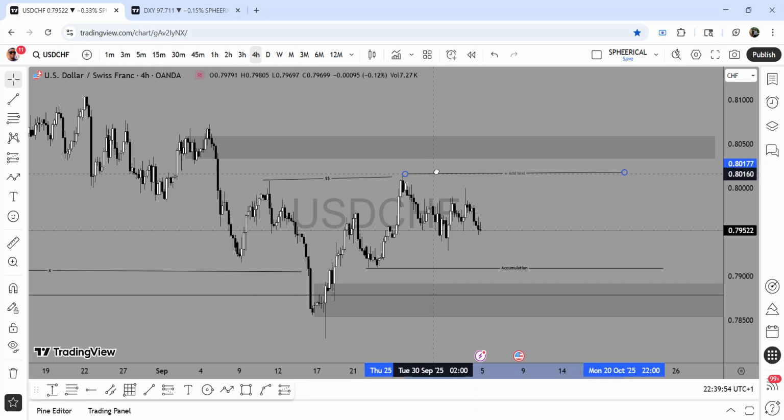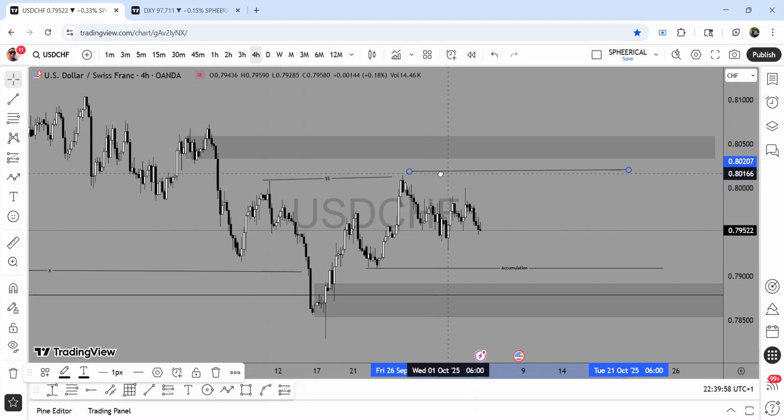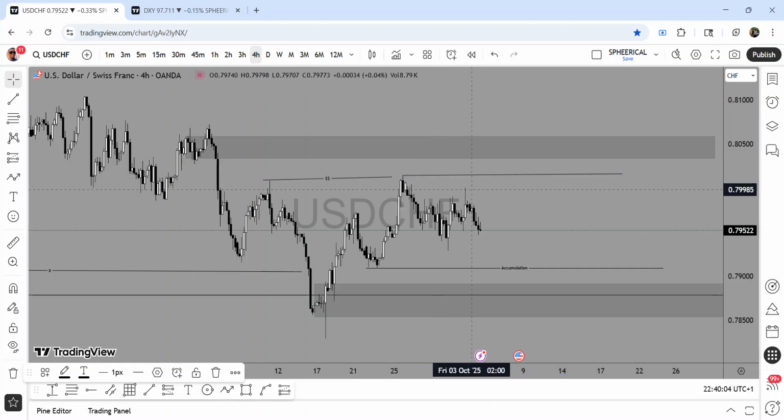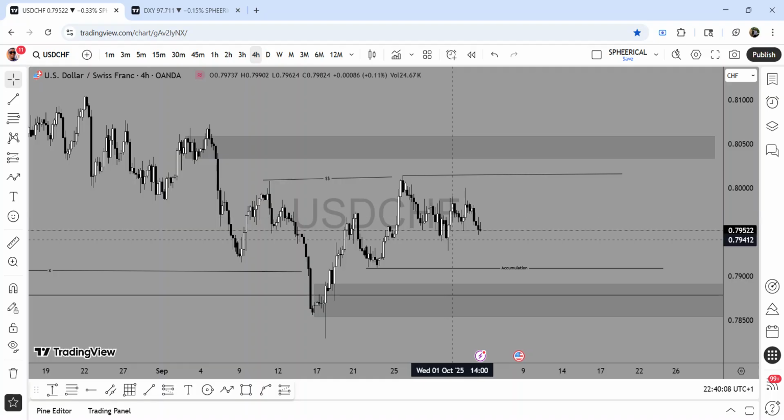So we are not going to take any trade, and it's not giving us any useful point of interest. So we're not interested in taking any trade inside here until we see a good point of interest.